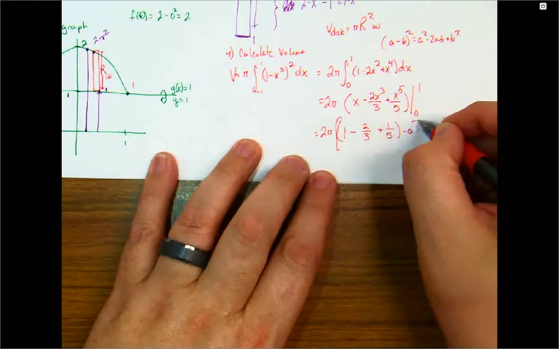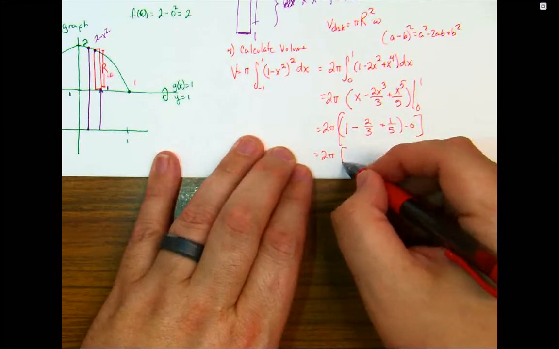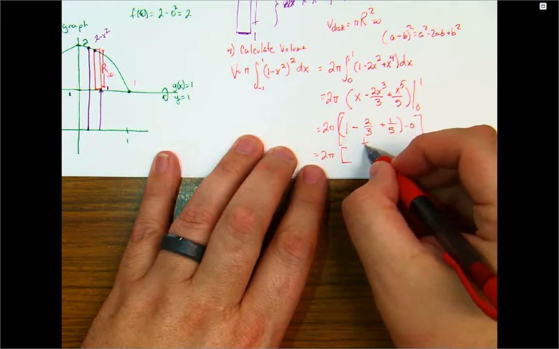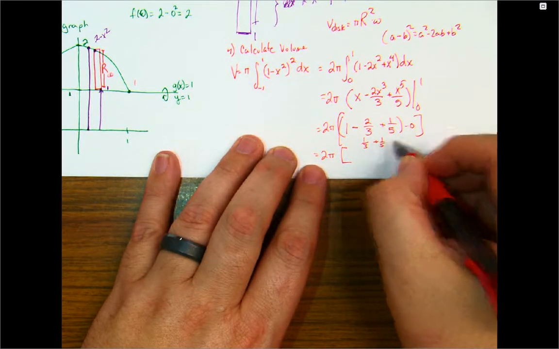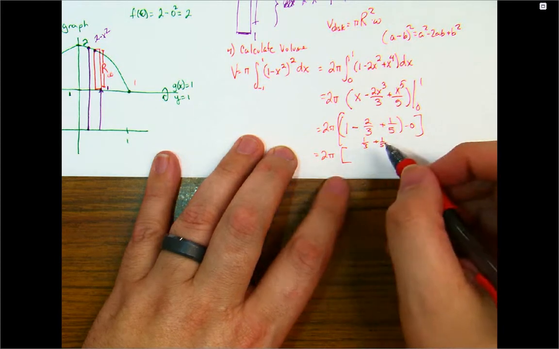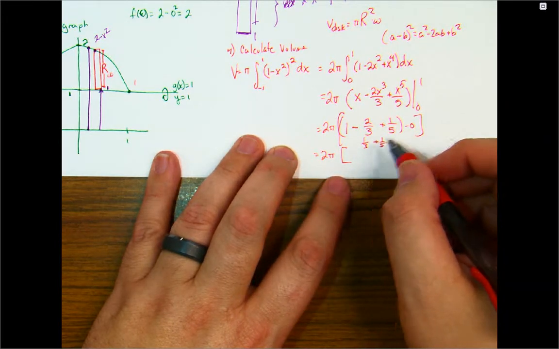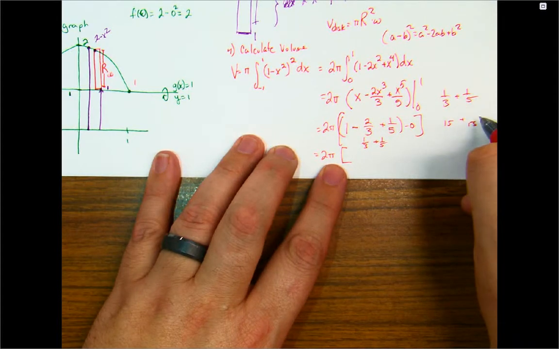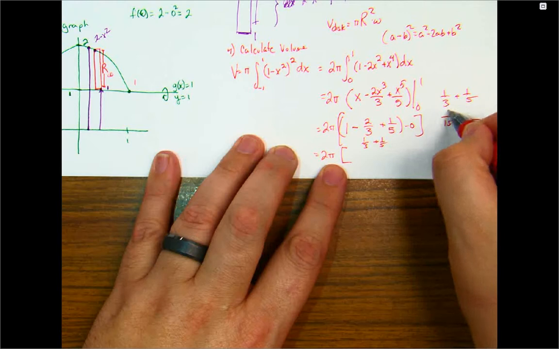Now I have 1 minus 2/3 is 1/3, isn't it? Plus 1/5. One-third plus 1/5. Common denominator is 15. That'd be 5/15, that'd be 3/15, so that's 8/15.